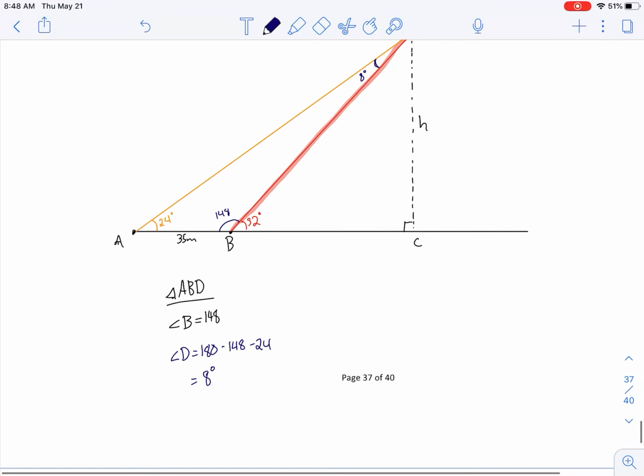So in triangle ABD, I've got a complete ratio: 35 over sine 8.